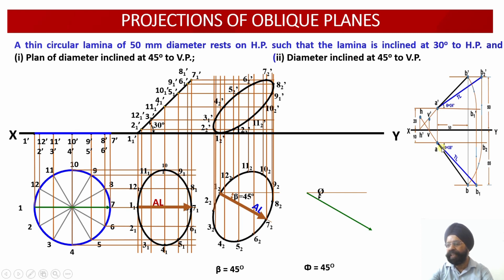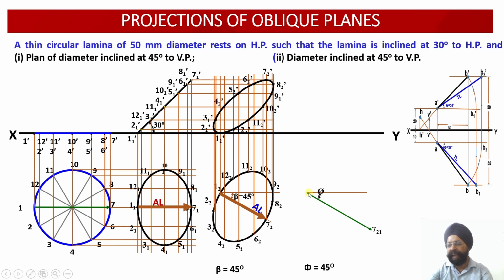So angle phi is equal to 45 degrees. This length AB1 is equal to 50 mm. So this point is 1, 2 as it is shown over here. This point's name will be 7, 2, 1. So this is the true length. So the true length of this lamina is inclined at an angle of 45 degrees with respect to VP.